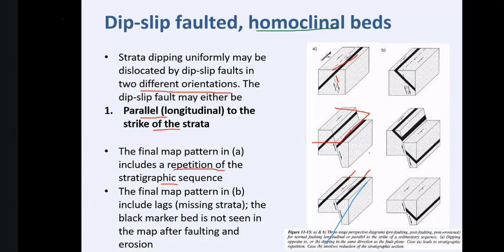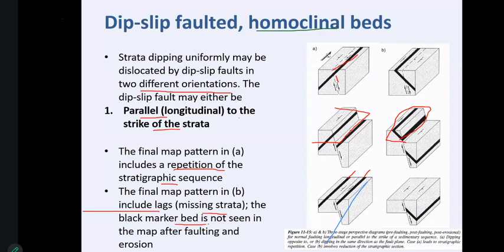But in B, look at the orientation of the marker bed and look at the fault. You then erode this top part off, okay? What you're going to get as final will be this. So in the final pattern in B, it includes a gap, missing strata.